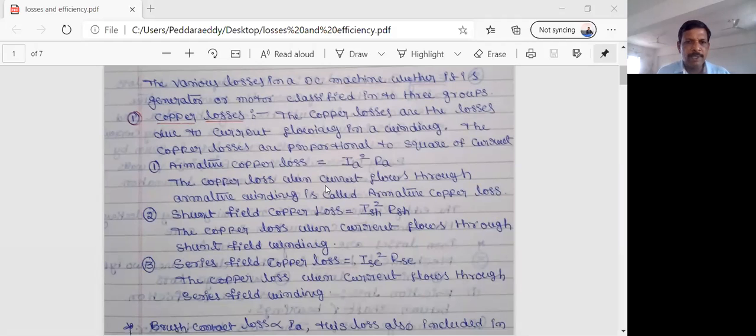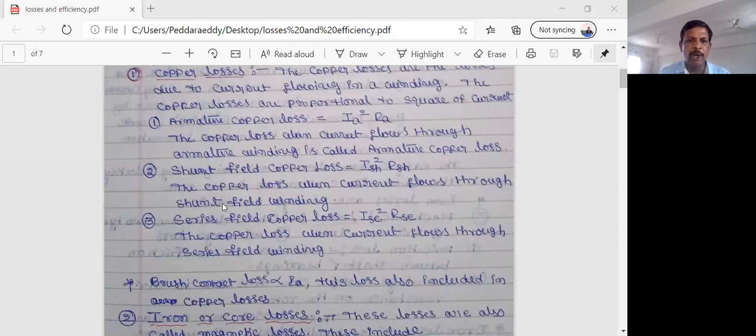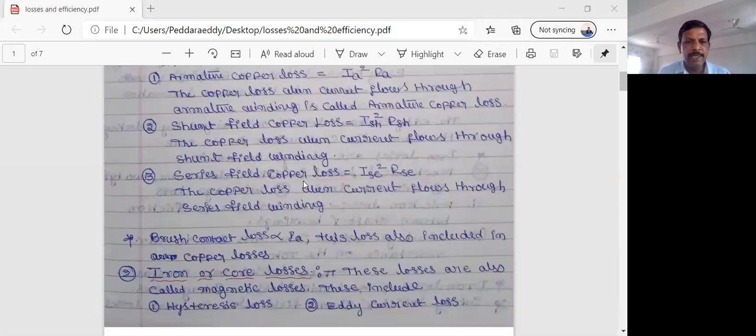The copper loss when current flows through the shunt field winding is the shunt field copper loss. Next, the series field copper loss is the copper loss when current flows through the series field winding.